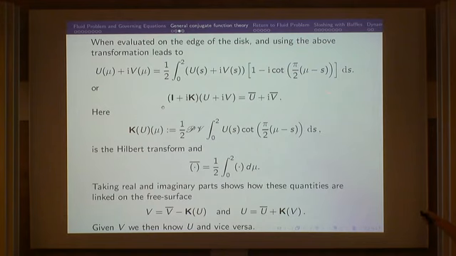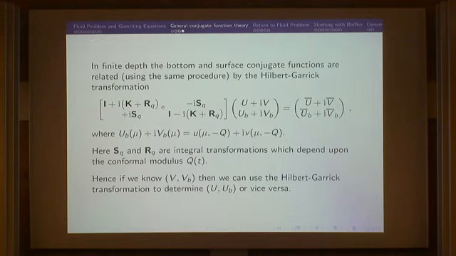Instead of just one of these equations, now you have two equations. And it looks a bit like this. So now you have two complex equations that relate U and V on the free surface to U and V on the bottom. The subscript B means I'm now evaluating on the inner circle, which is equivalent to nu equal to minus Q. K is our usual Hilbert transform.